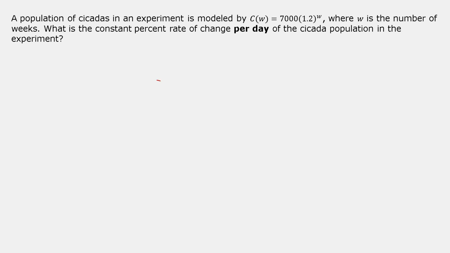So we want to take this 7,000, 1.2. So we're taking a week and we want to split it up into each day. How many days are in a week? 7. So we want to take that week, W, and divide it by 7. So we want to look at just one day out of the week.